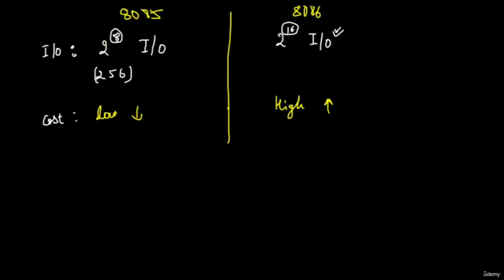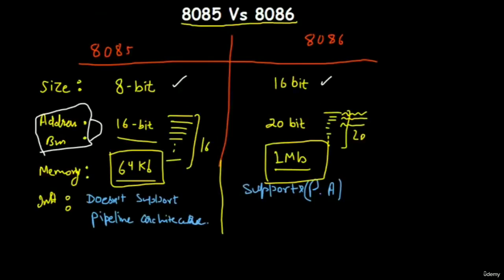Like here it is written that 8085 does not support the pipeline architecture, meaning there is only one pipe. Don't get confused that it has no pipe, because there is definitely one path in which the data flows inside the processor. Don't get confused with the address bus.